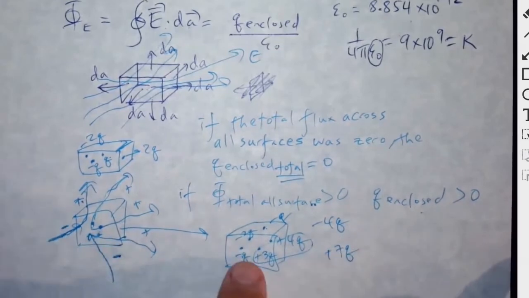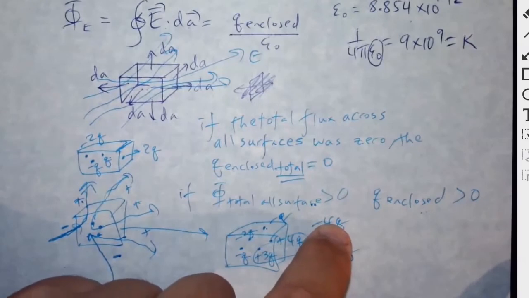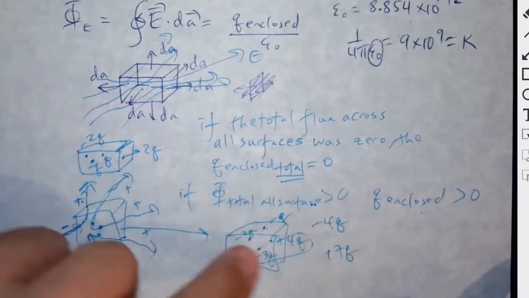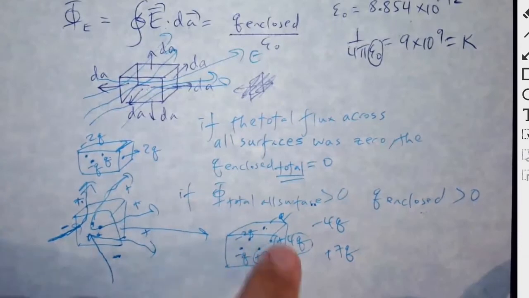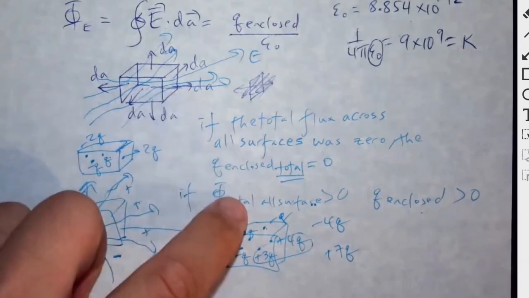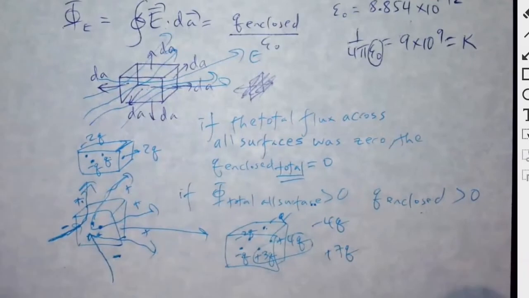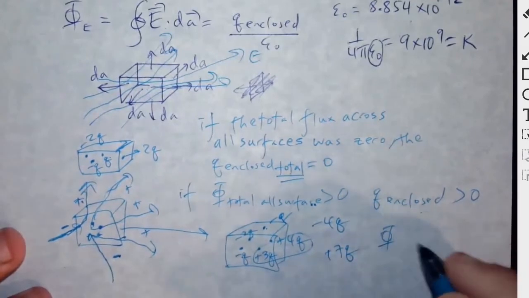So as long as the total magnitude of the positives is larger than the magnitude of the negatives, then you will have more flux lines coming out of that surface than in, you see. And the opposite is true if the total flux is less than 0, then the net enclosed charge will be negative.